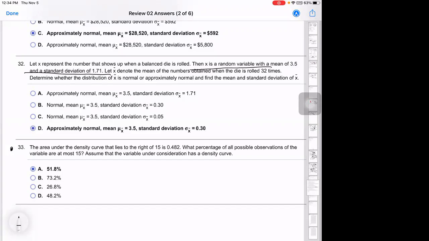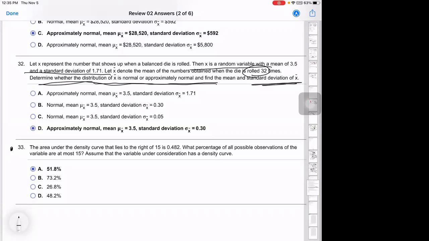X bar is denoted for the dice rolled 32 times, so your n is 32, the sample size. Determine whether the distribution of X bar is normal or approximately normal, and find the mean and standard deviation of X bar.